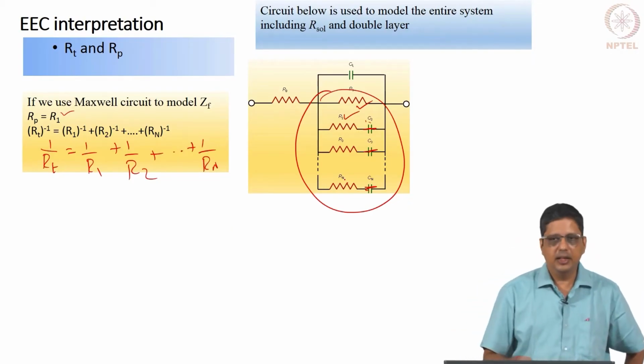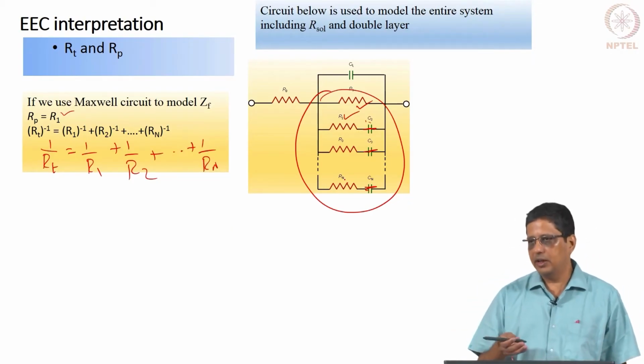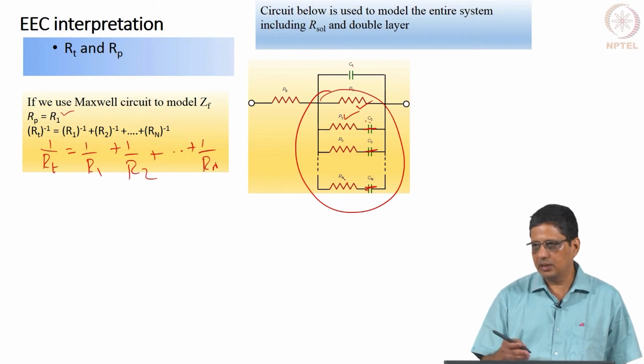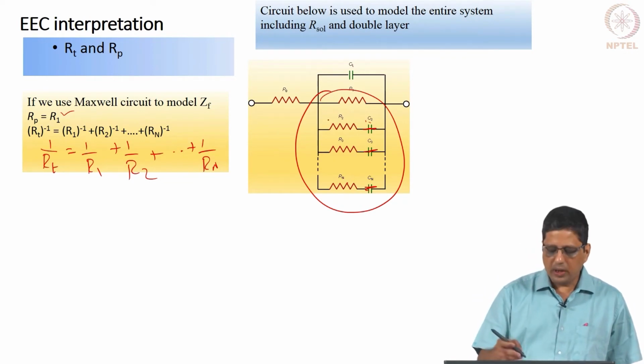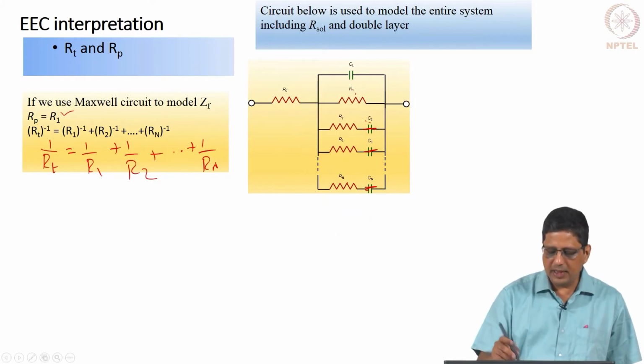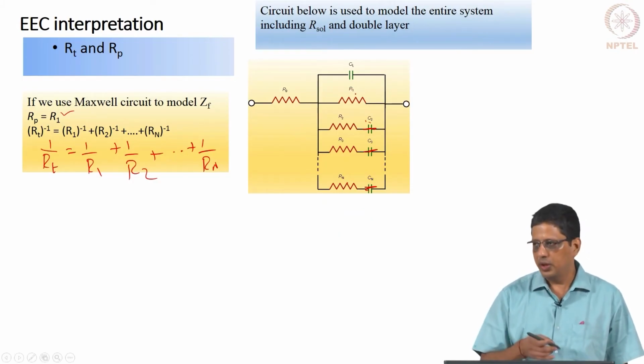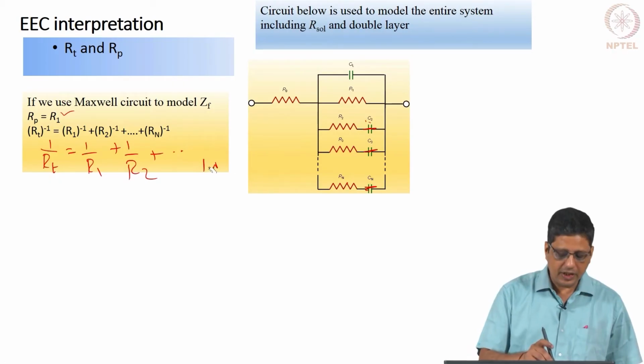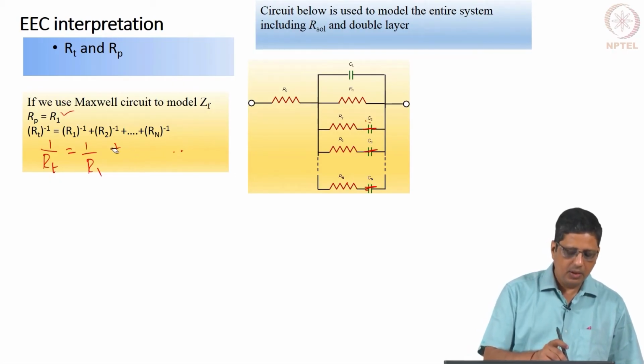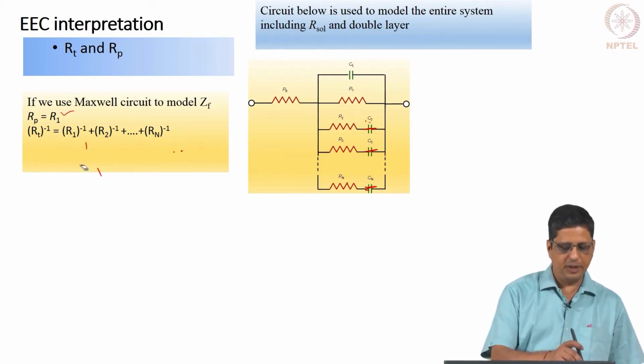Normally, I will not again need 10 elements, 15 elements for this. I do not think you will have impedance with so many features in common cases, but 1 or 2 or 3 cases you can have. R1 will anyway be there, but R2, R3 and so on, you can use this. You have a relationship. I will show you an example to illustrate how you can use this information.